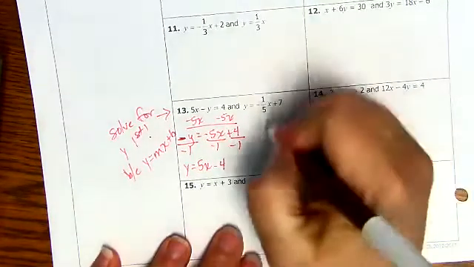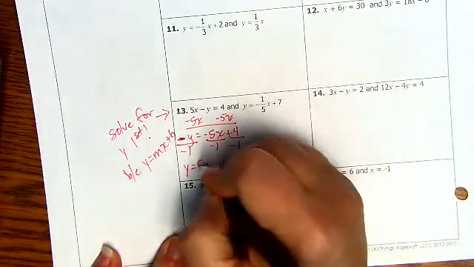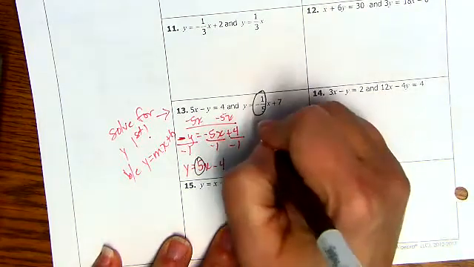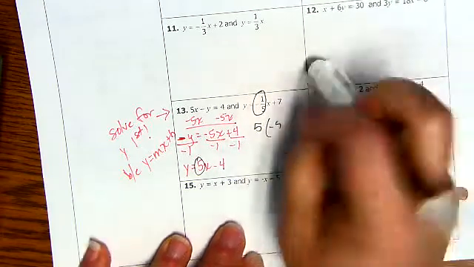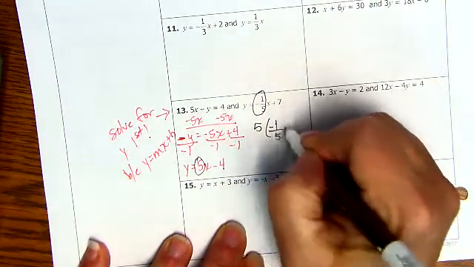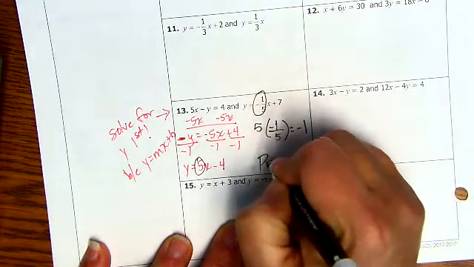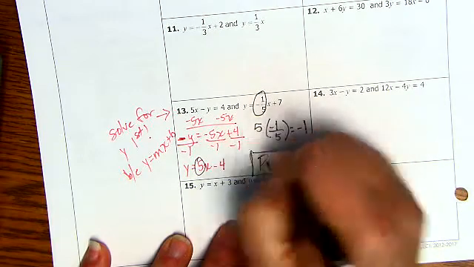So I have one slope is 5 and another slope is -1/5. So let's see, these are looking like negative reciprocals. So let me make sure. I multiply them and it equals -1. So therefore these are perpendicular lines.